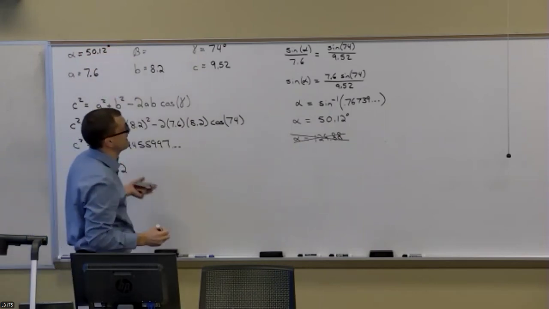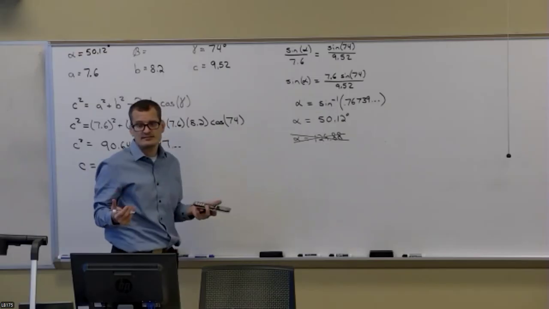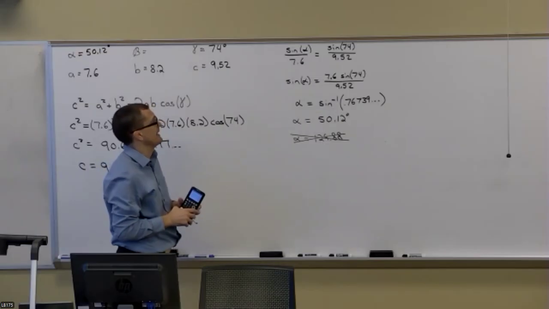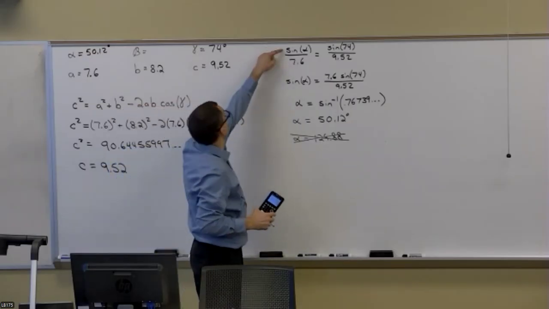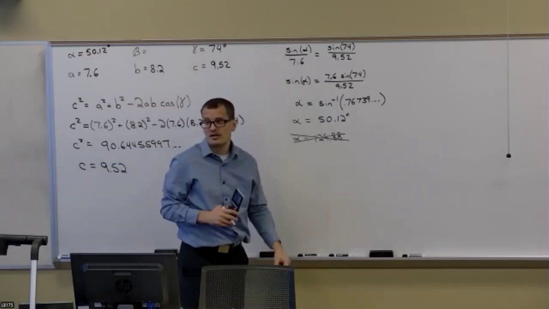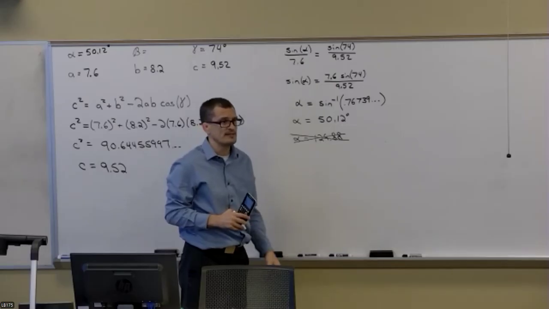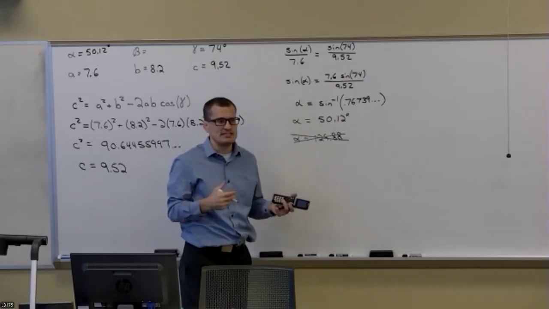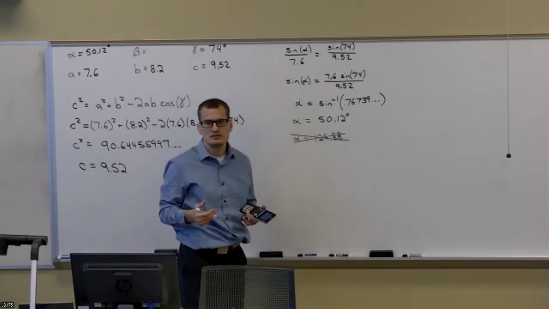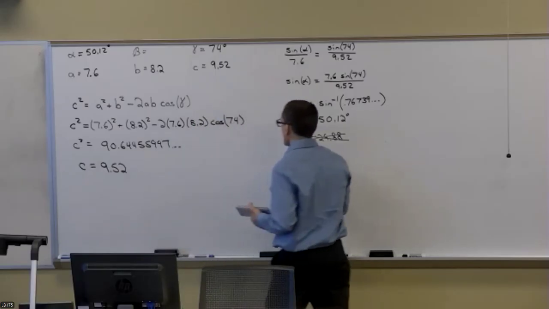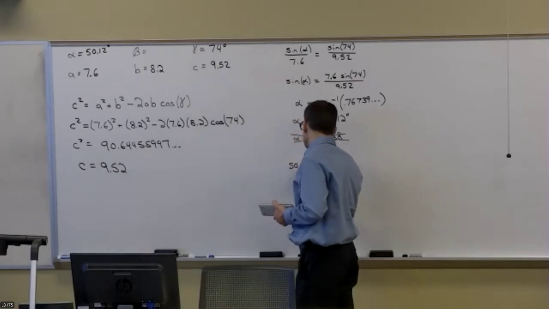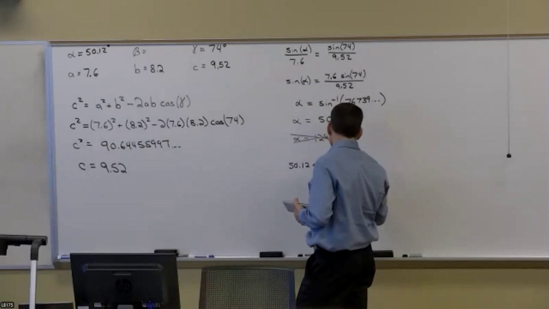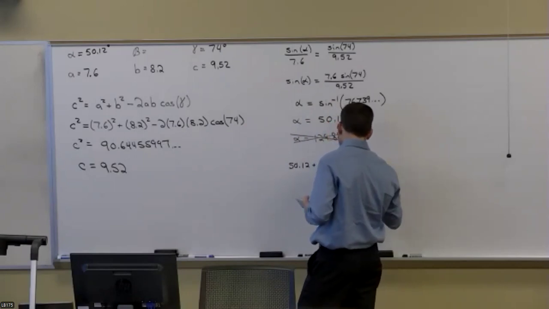Quickest way to get the beta is by angles add up to 180 degrees. You could have also gotten the beta by using sine of beta over 8.2, and you'd come up with the same thing. So, as always, choose the easiest tool. 50.12 plus beta plus 74 equals 180.